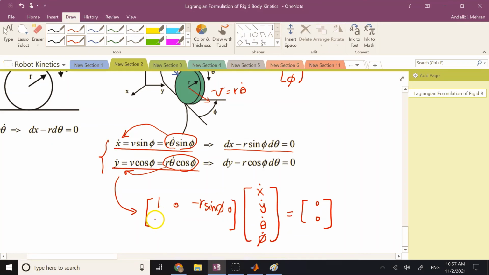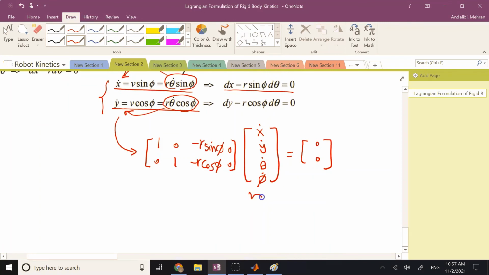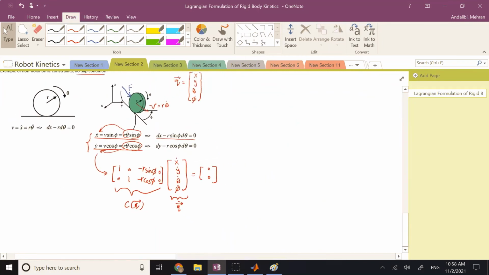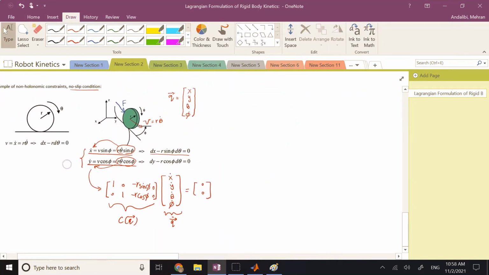The other one is 0 x dot, 1 y dot, minus r times cosine of phi times theta dot, and no phi dot equal to 0. So this is your q dot vector, and this is your C of q. Okay, so this is writing your constraint equations into the Pfaffian form.